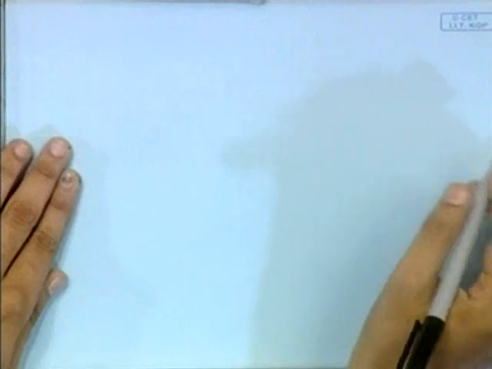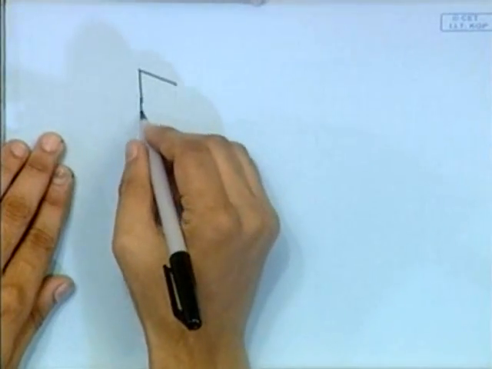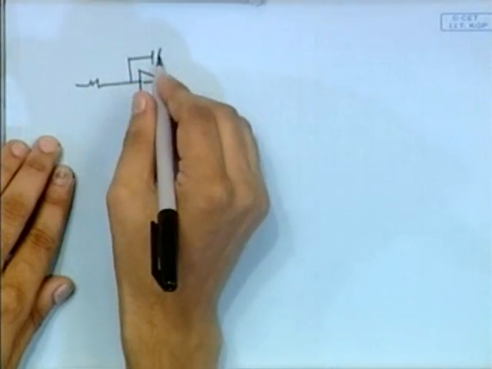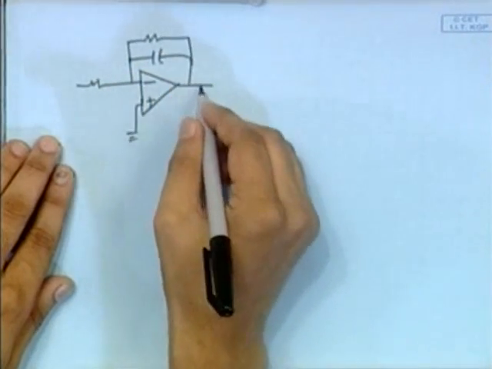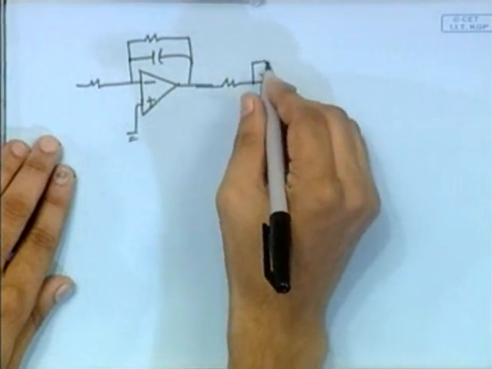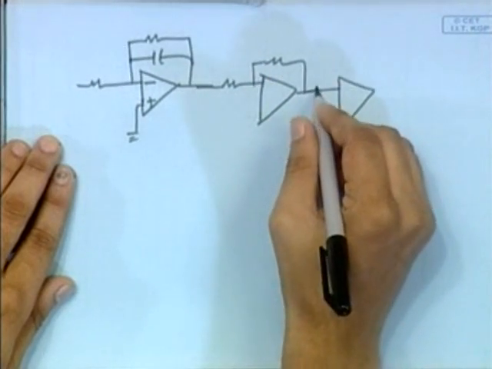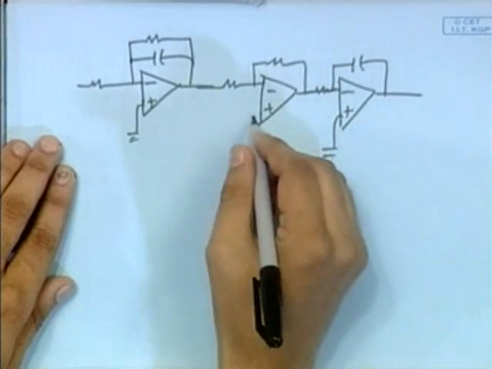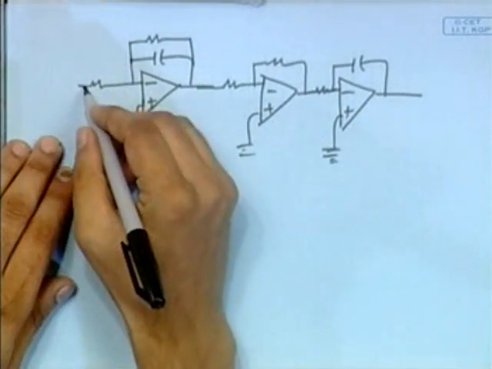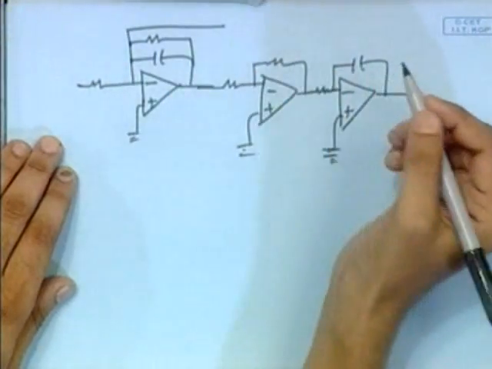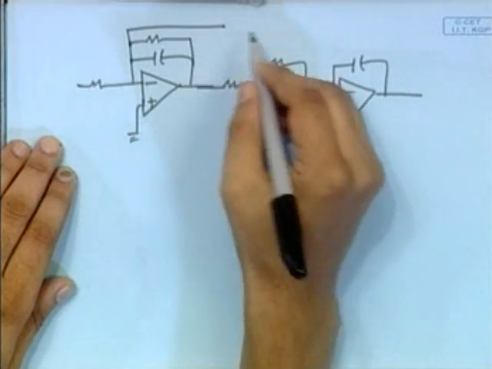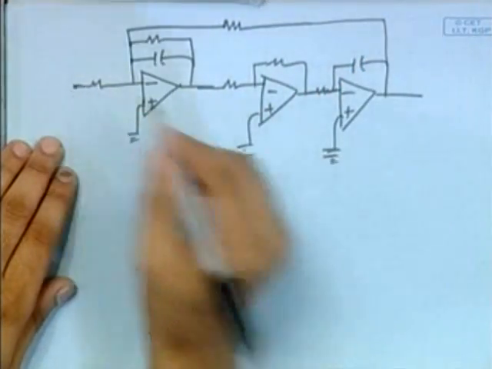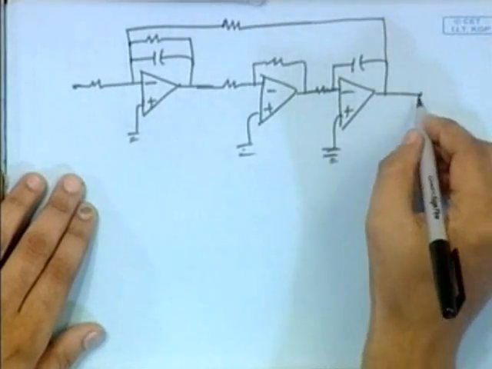Now for example, it's another different circuit. This is a 3-stage op-amp circuit.